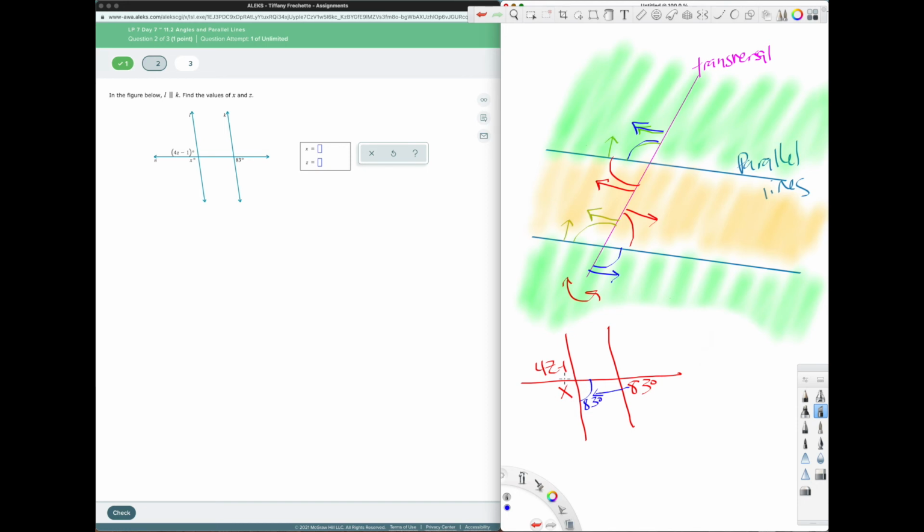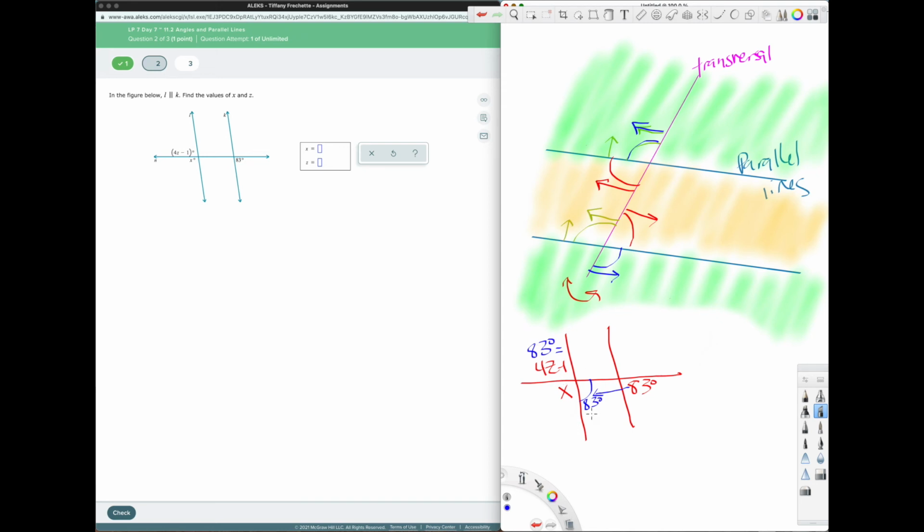I could also use alternate exterior angles like that. Sorry, alternate exterior, I said interior. This is on the outside, it's on the bottom, so I can go to the top, opposite side, and then slide out as far as I can over here. So this is also 83 degrees total. It equals 83 degrees. So either way, I bring 83 over here.